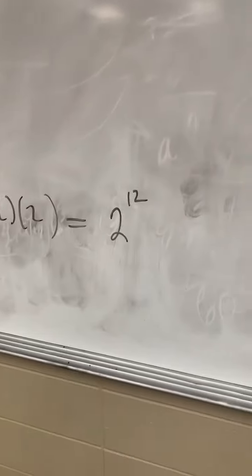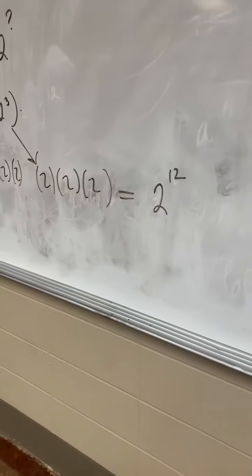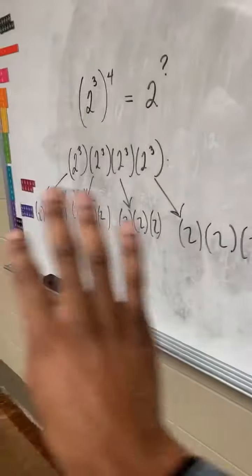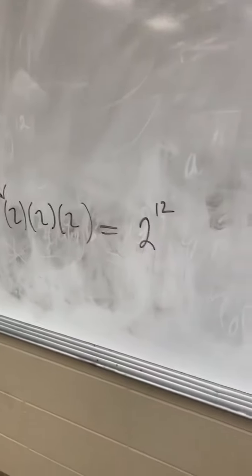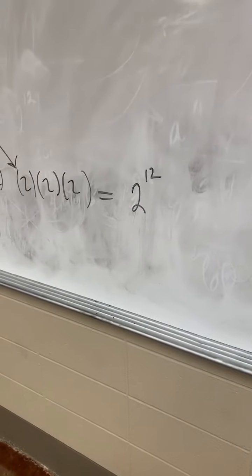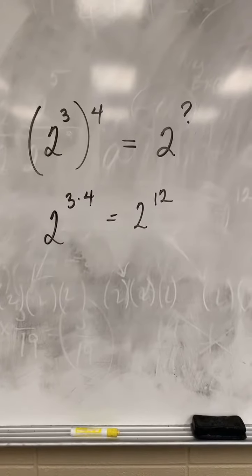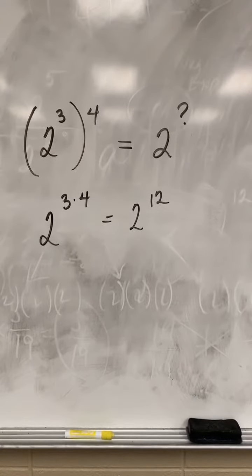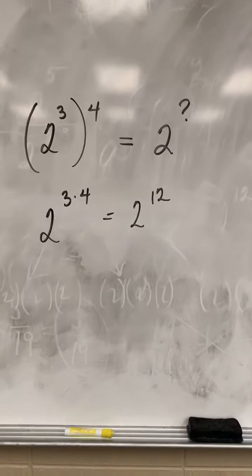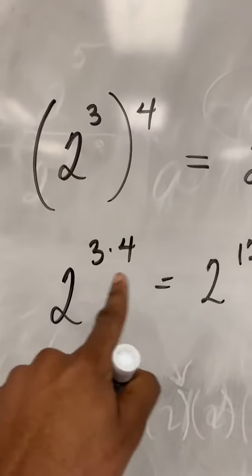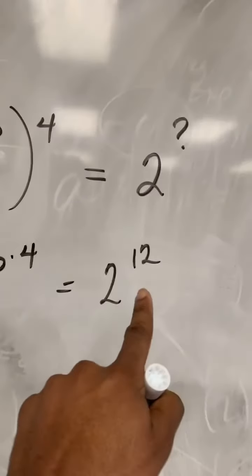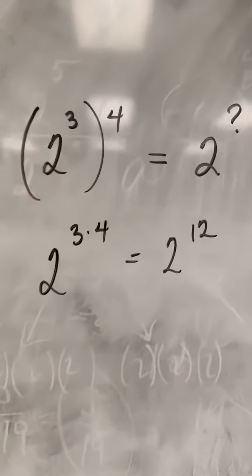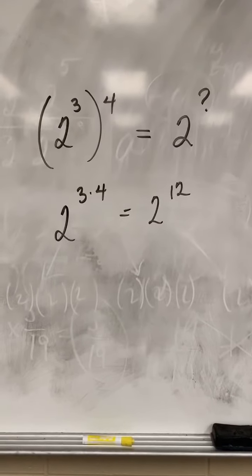And that's where your general statement comes from. If you understand that, you don't have to go through all of this expansion anymore. You can just evaluate the numbers themselves. And there it is, 2 to the third power raised to the fourth power. All we have to do is multiply the exponents and then get the 12. There's your rule.